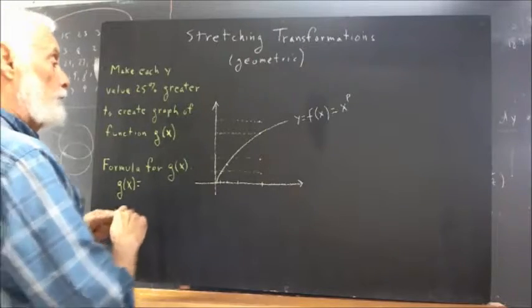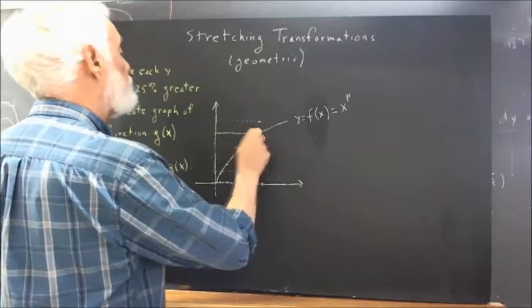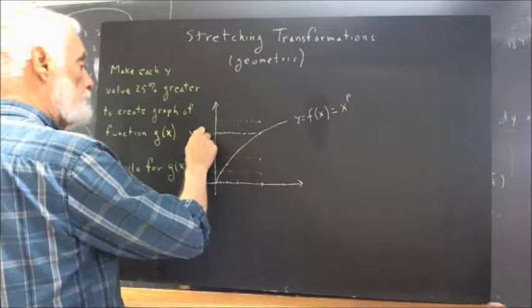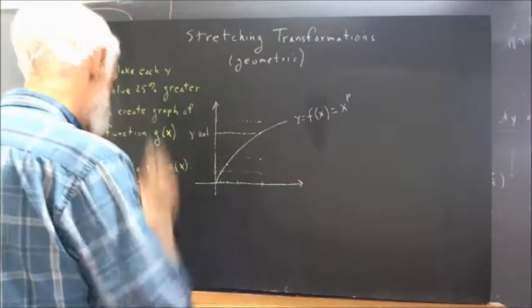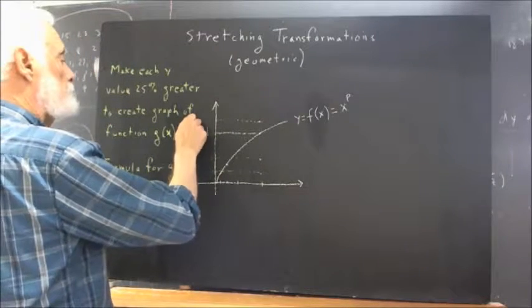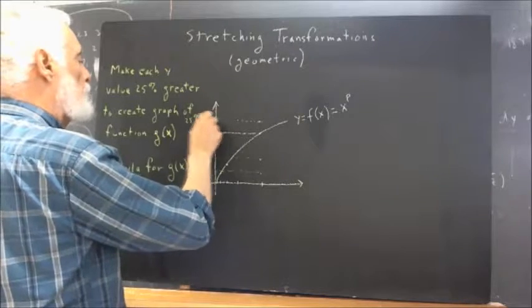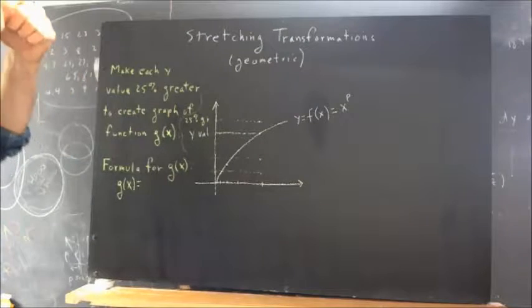So here's our y value. Make that a kind of a white dotted line. And then 25% greater. I had to abbreviate that to leave myself enough room here.